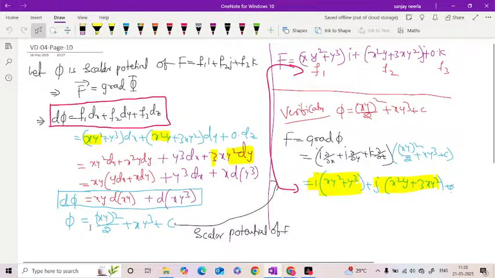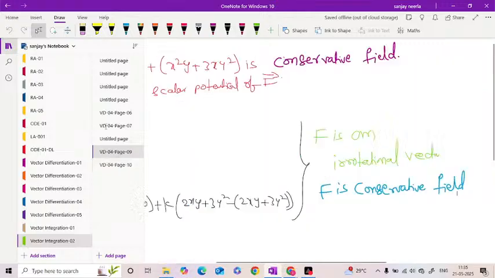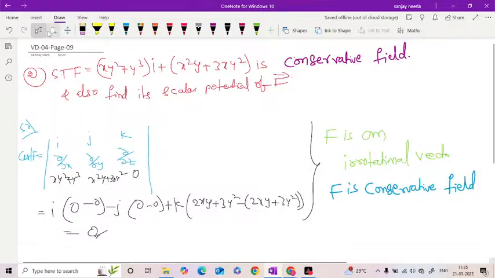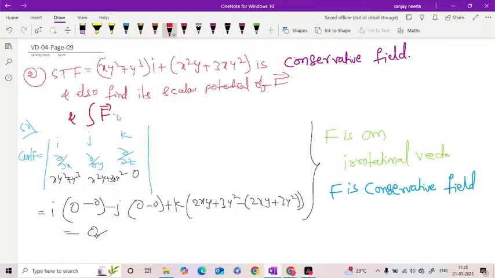Already here we are getting phi is equal to xy square by 2 plus xy cube plus c as the scalar potential field. Now here I am adding one more question here.